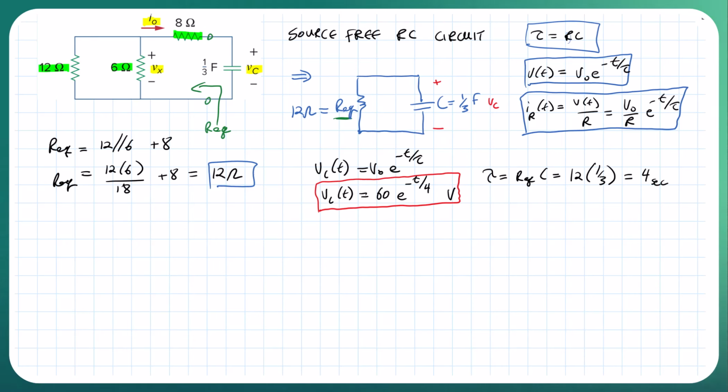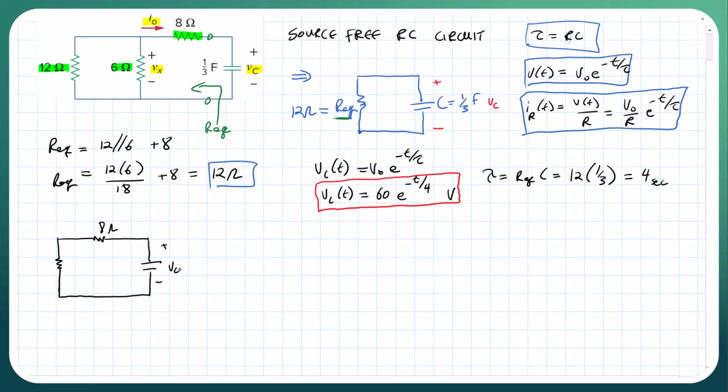But now instead of putting it in the final RC version of the circuit, let's back up, because we need this guy here and this guy. So let's just redraw the circuit in this format where we have our 8 ohms here, and plus or minus VC here.